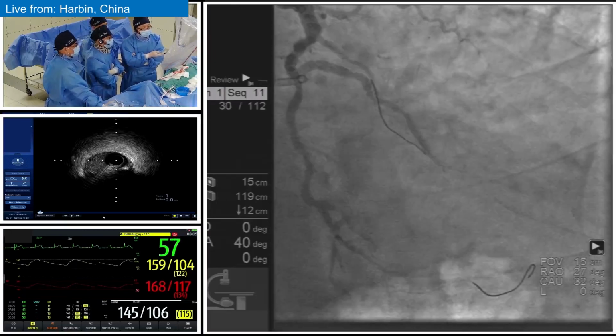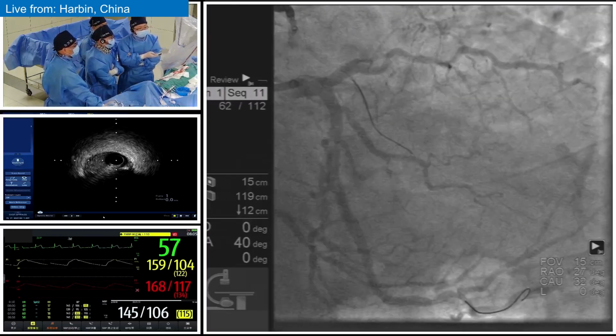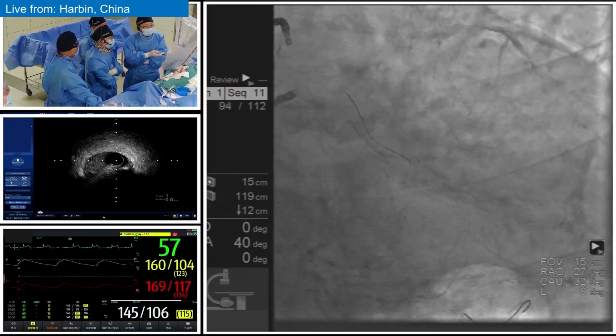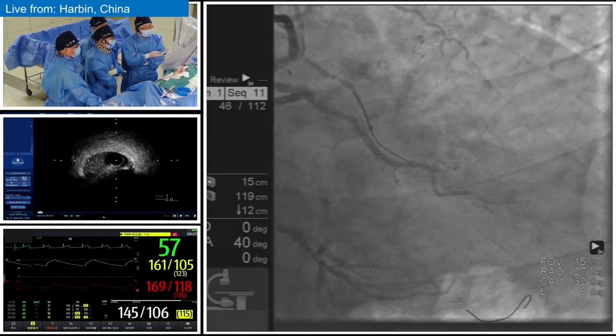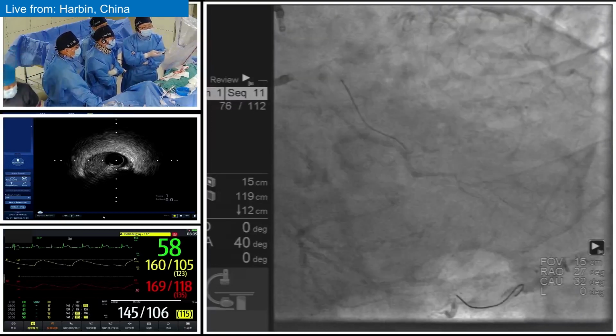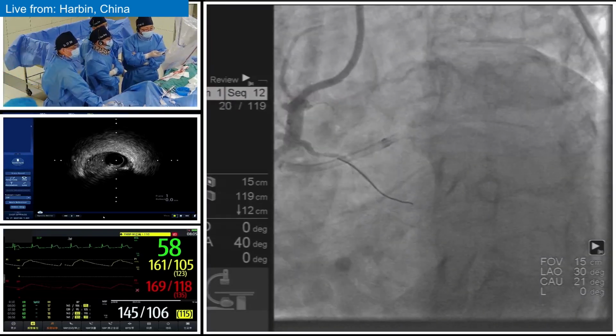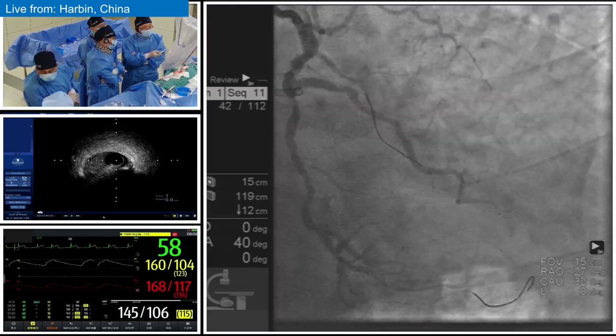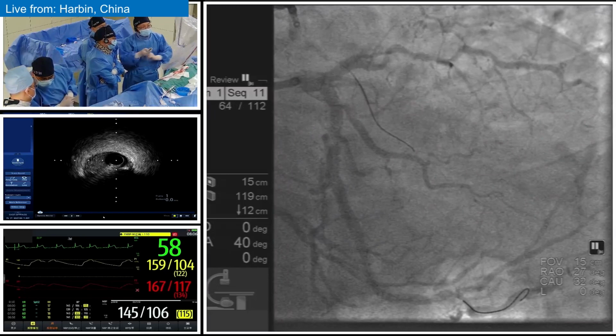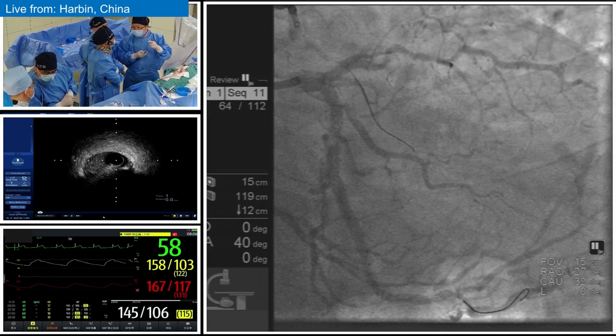For the left coronary tree we use an EBU 3.75 guiding, and this is the RAO caudal bilateral angiogram. We can see just at the ostium of the LAD, the proximal cap, there is a diagonal branch and a septal branch.